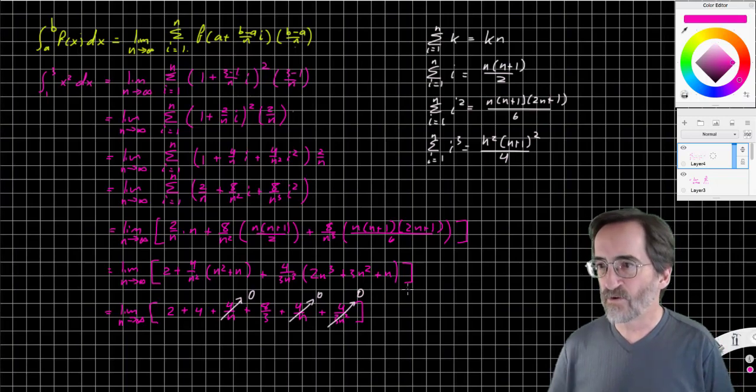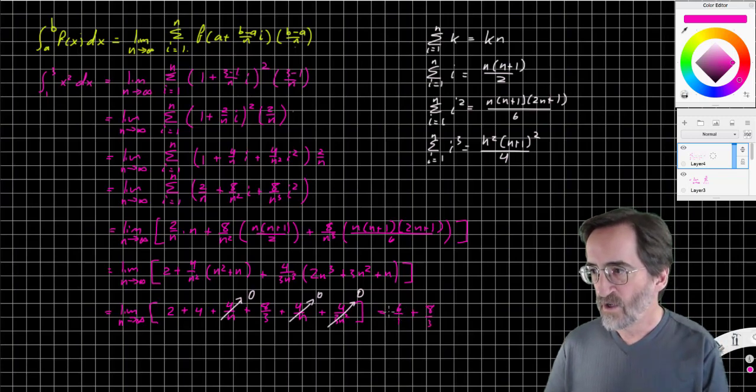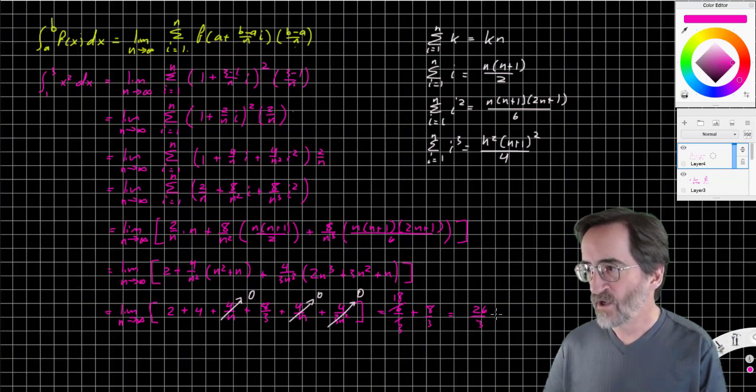And this whole sum is 2 plus 4 plus 8 thirds, or 6 plus 8 thirds. 6 over 1 plus 8 over 3. Multiply by 3, 18 over 3. 18 plus 8 is 26 thirds. Or if you wanted a mixed number, it would be 3 times 8, which is 24, and 2 thirds.